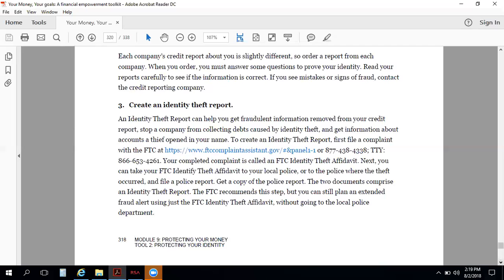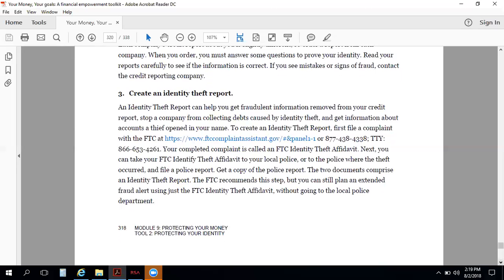And sometimes they can access that by going to the local police department and asking for assistance in getting that set up to get fraudulent information off of a credit report.